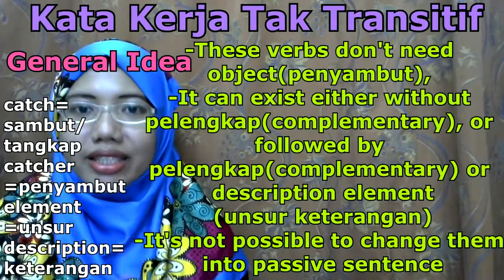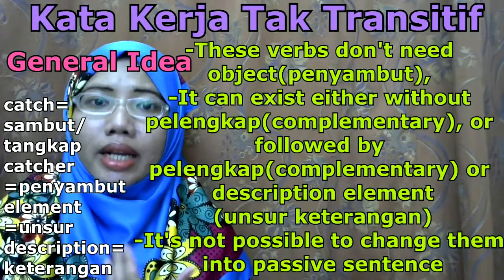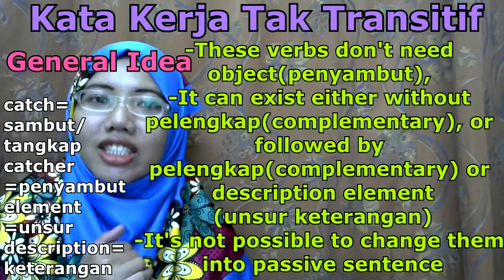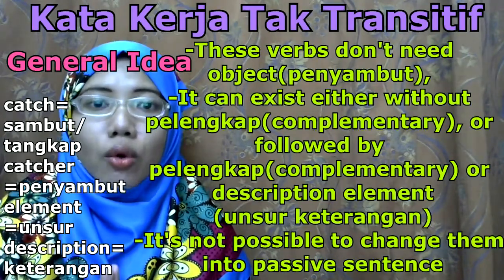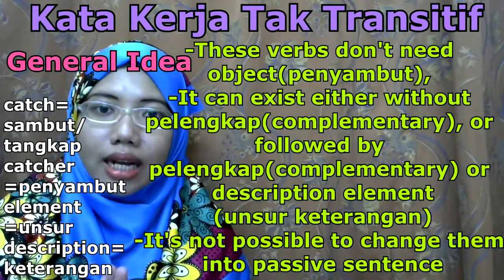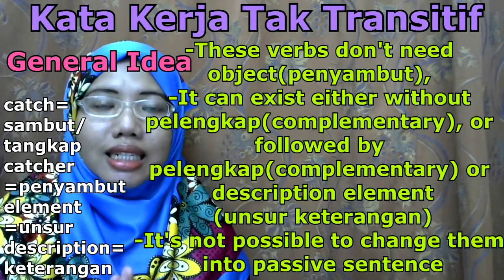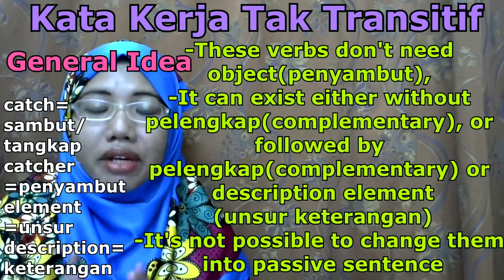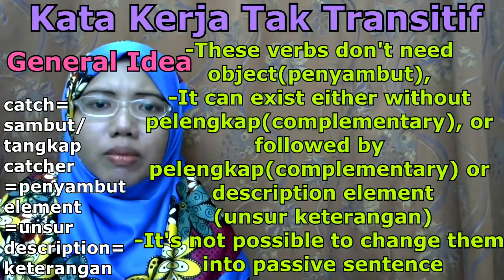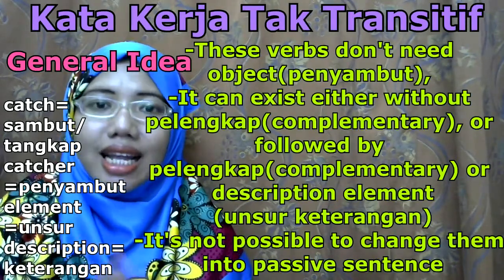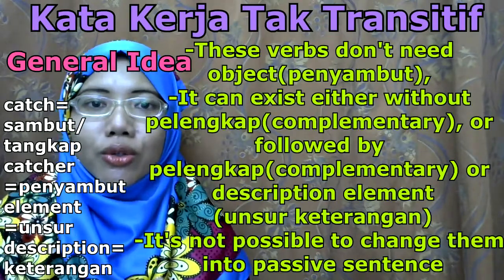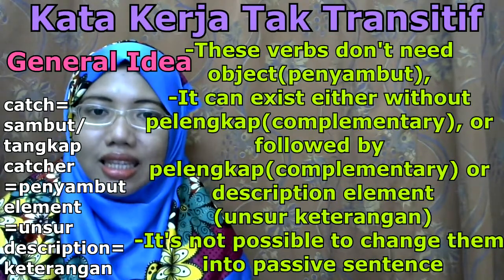Pelengkap is complementary, or followed by pelengkap, complementary, or description element. Or in Malay, we call it unsur keterangan. And for this kata kerja tak transitive, remember one thing, it's not possible to change them into passive sentences, just like what we used to do for the kata kerja transitive.